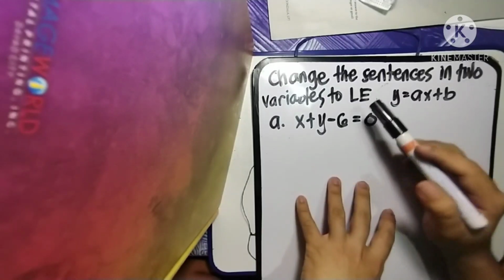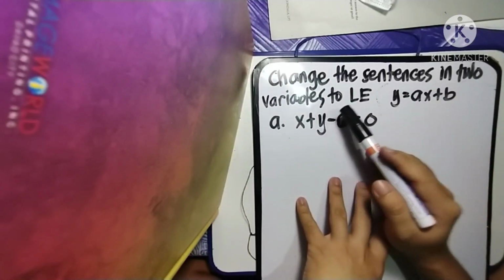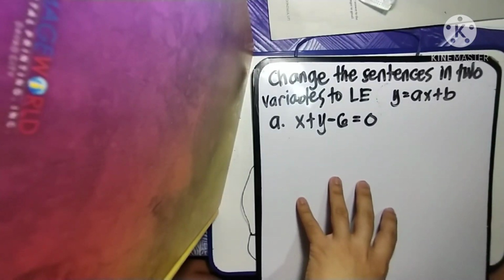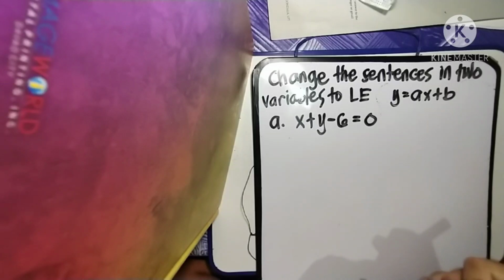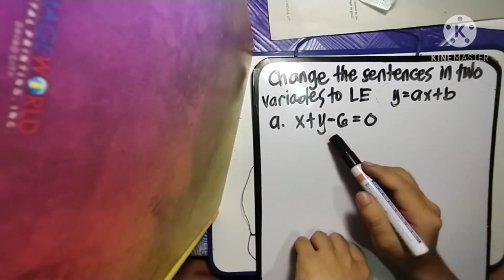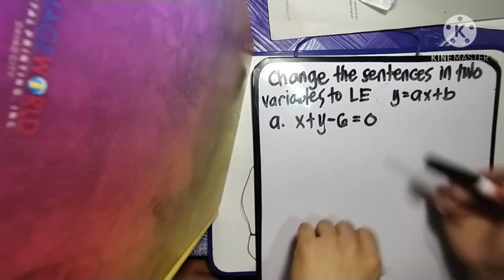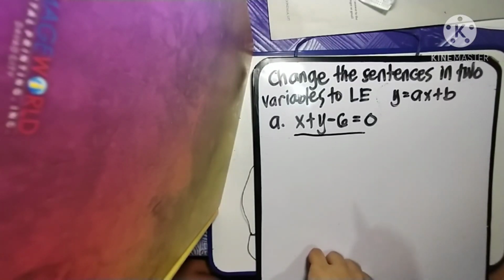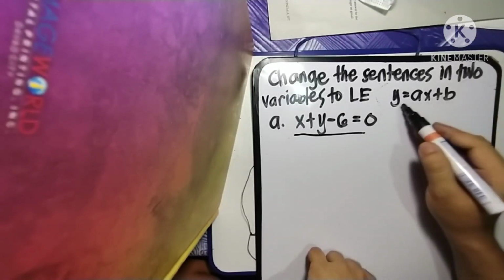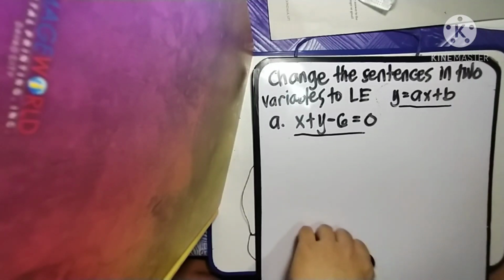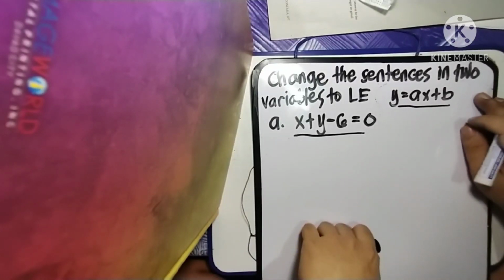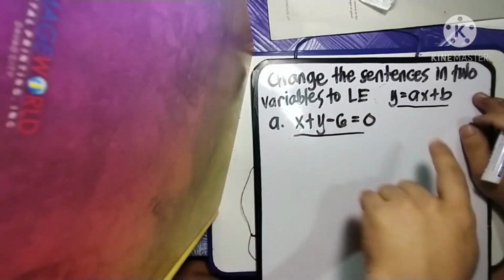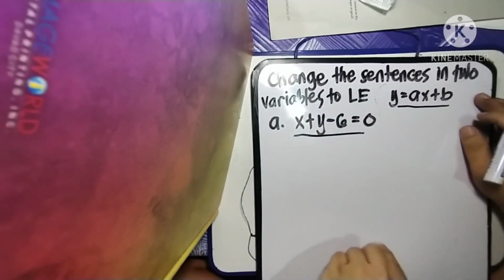Okay, so change the sentences in two variables to linear equation in the form of y is equal to ax plus b. Okay, so first we have x plus y minus 6 is equal to 0. Now, this is a linear equation in two variables. We need to change this one into y is equal to ax plus b. Okay, so i-retain na nato si y, then ibalhin na nato to the right side si x and negative 6.